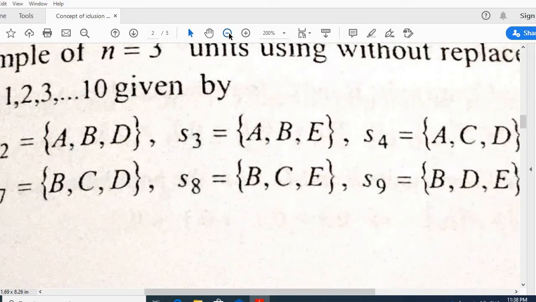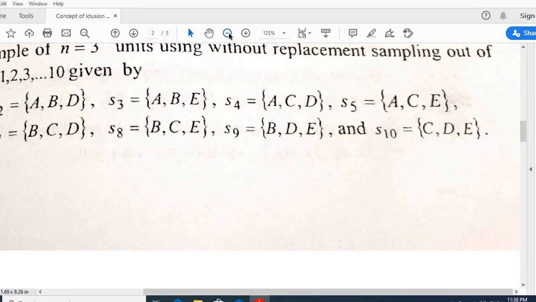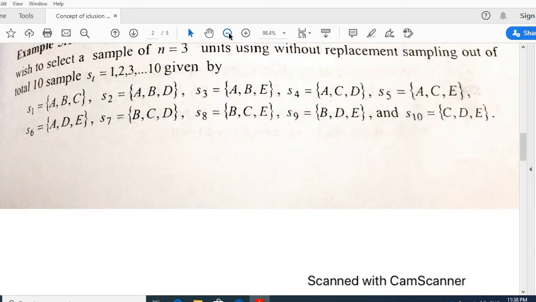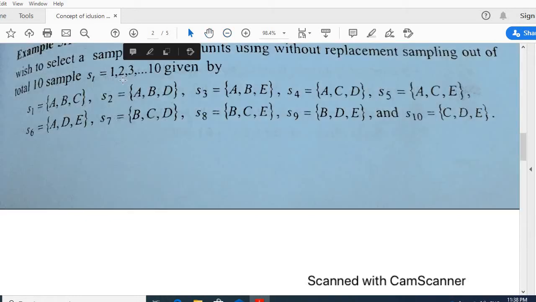Now we have to see the samples having the sampling unit A: S1, S2, S3, S4, S5, S6. There are 6 possible samples which have the first unit, that is A.